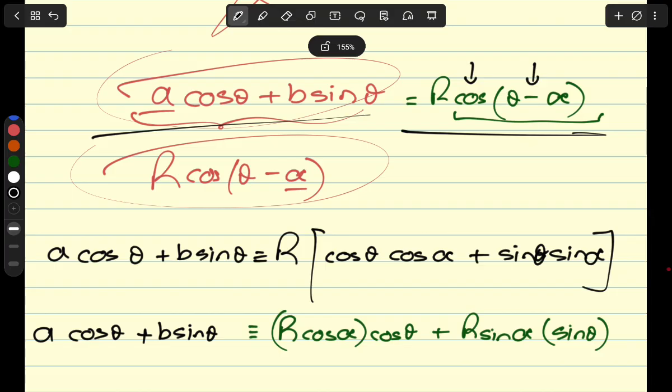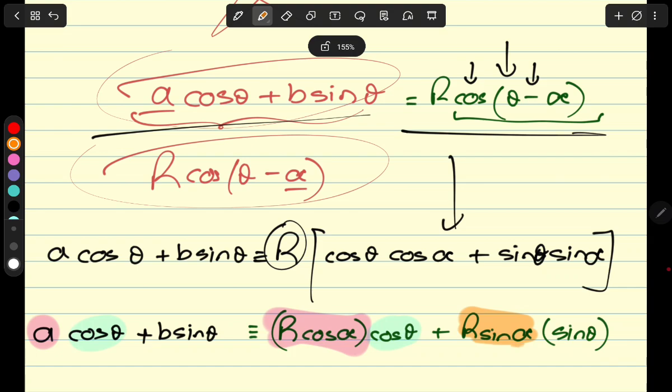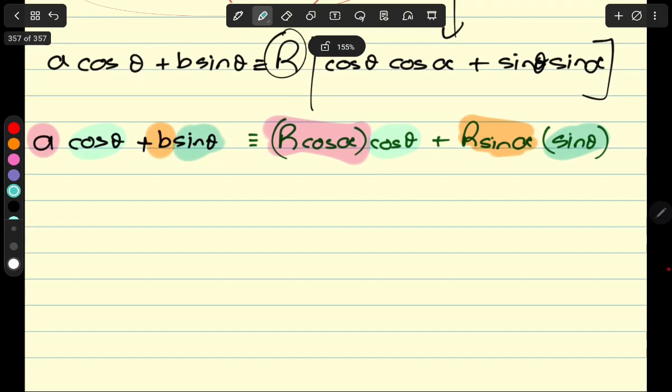This cos(theta minus alpha) got expanded into this, then we multiplied this entire expansion by r. So now we have cos theta here and a cos theta here, so we can compare these two coefficients, r cos alpha and a, and we can compare r sin alpha and b, because here we have sin theta and sin theta.